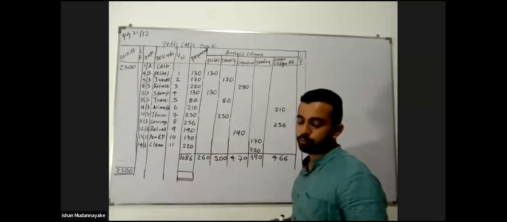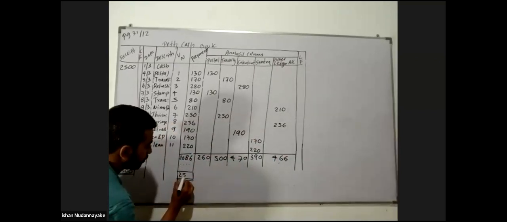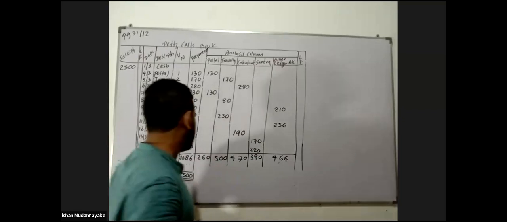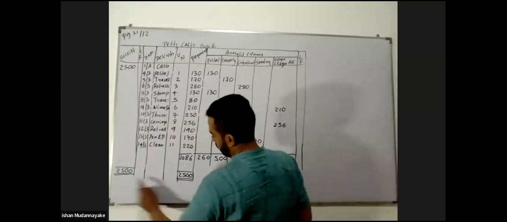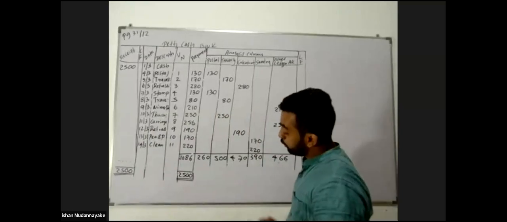Ledger account 2,500. Transfer this amount from the debit side to the credit side. And then 2,500 minus 2,086.